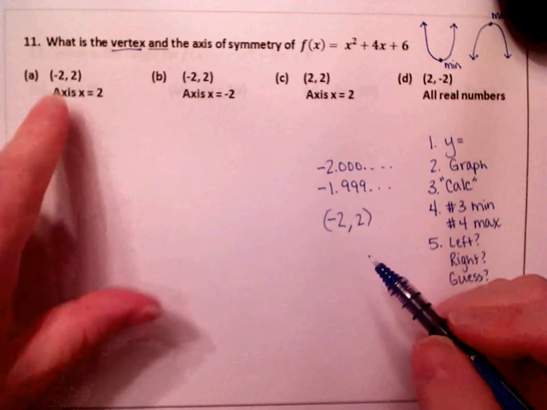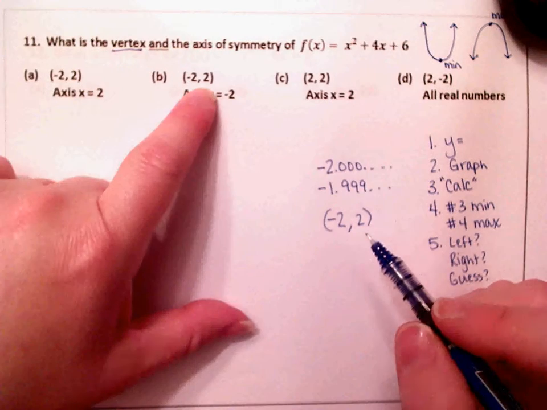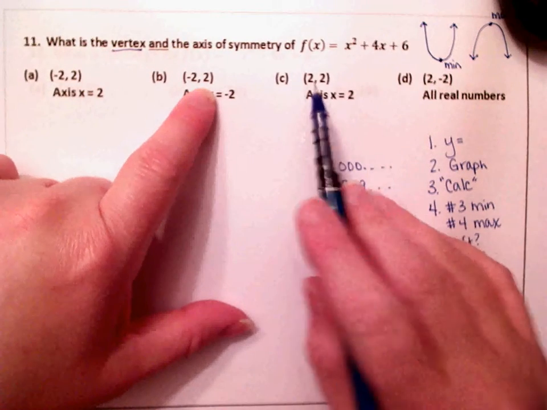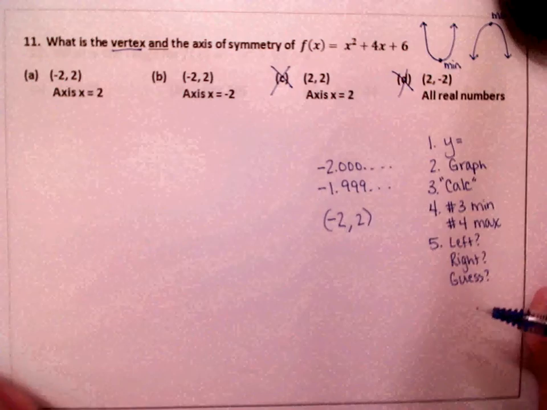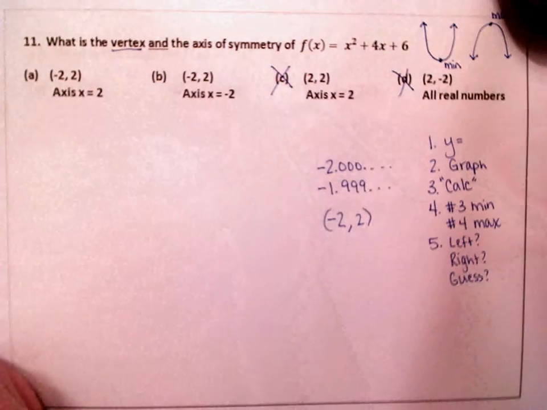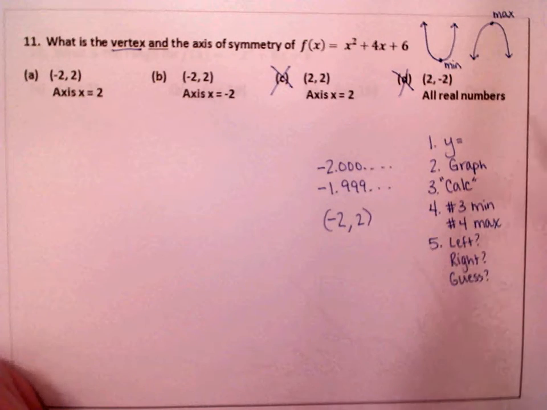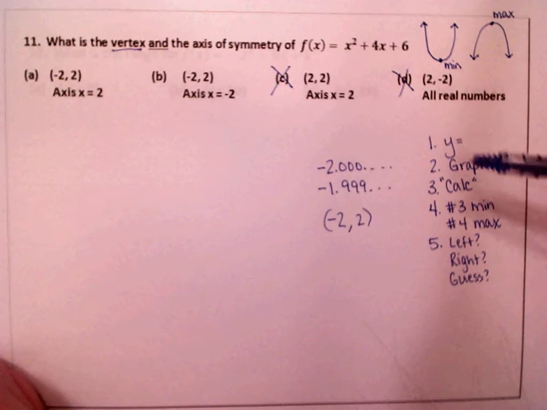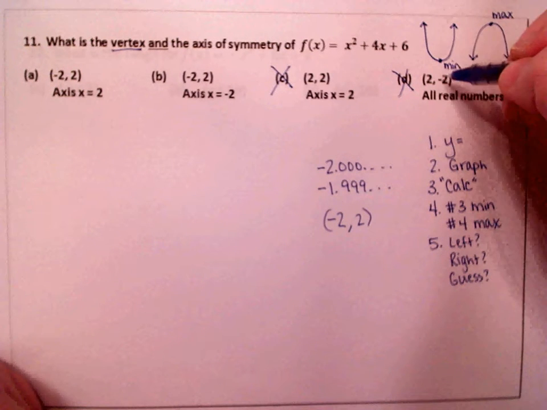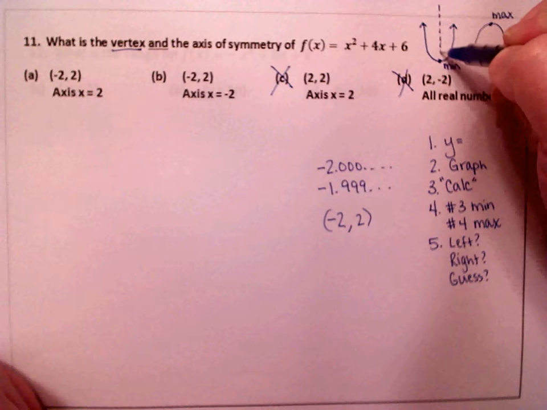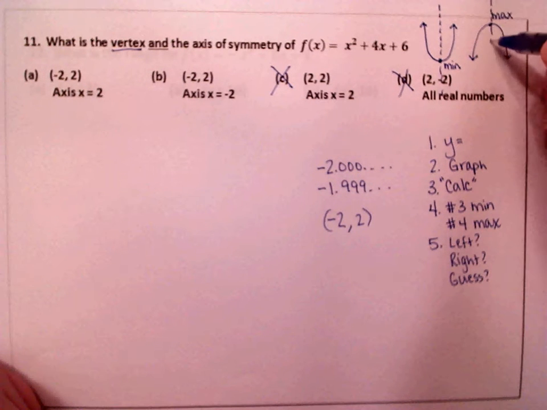Now I can see A and B both have that as a vertex, but C and D have the wrong vertex, so that eliminates those as answer choices already. The axis of symmetry is the line that cuts the parabola in half. It's like the line of reflection, the mirror line. In order to cut this parabola in half, it has to be a vertical line that goes through that vertex.